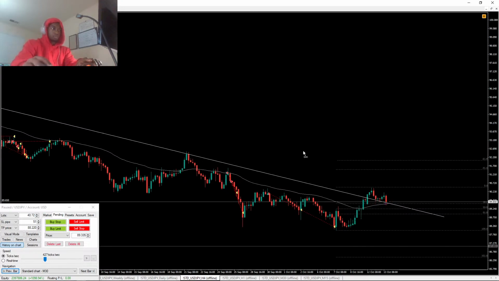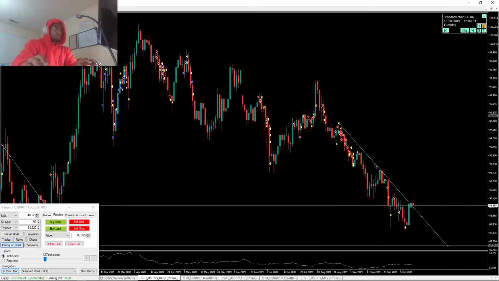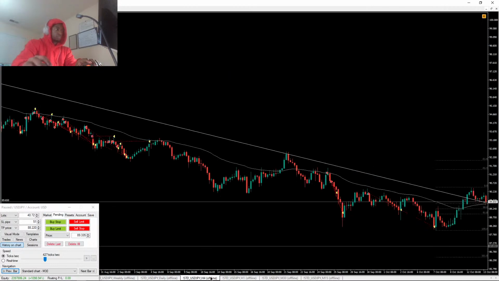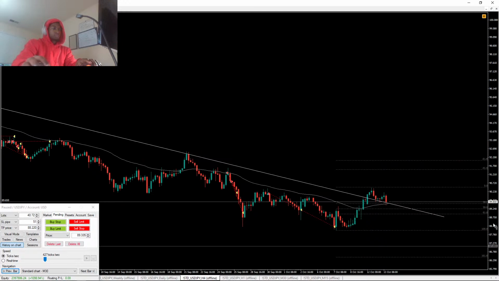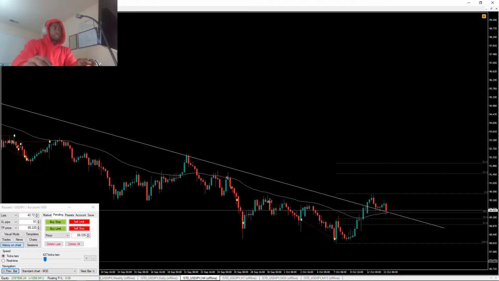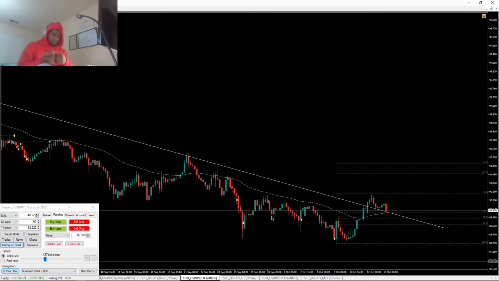Okay, I'm about to delete some stuff so it's not too cluttered. Now that could still be within that range, but that's very aggressive. Soft 38. I'll take it. This area I need to start looking for buys anyway.